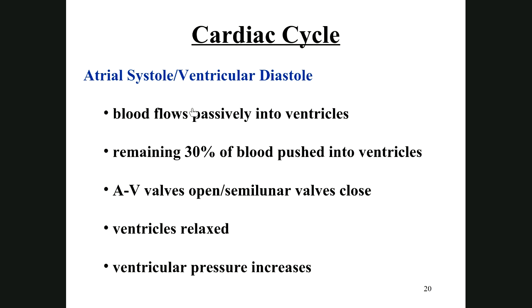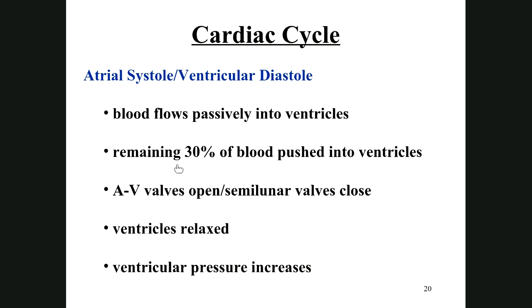The atrioventricular valve must be open for blood to go through the atria down to the ventricle. That's 70% of the blood. The other 30% of the blood that gets into the ventricle comes from the atrial contraction. So the atrial contraction pushes the remaining 30% of the blood into the ventricle.